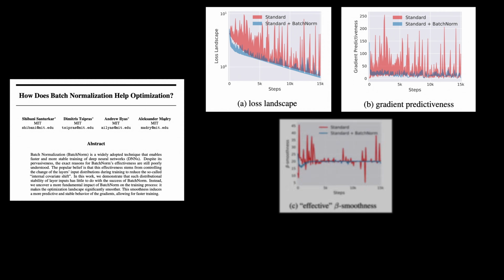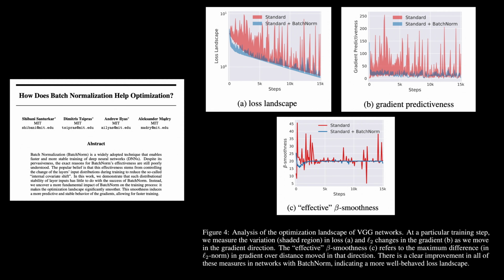Comparing batch normalized to unnormalized network, the change in loss as well as gradient is significantly larger for the non-BN network. The first plot is the difference between minimum and maximum loss found within the set of different step sizes that they take. The second one is the same but with gradient magnitude. And the third one captures the ratio of maximum change in gradient over distance moved.